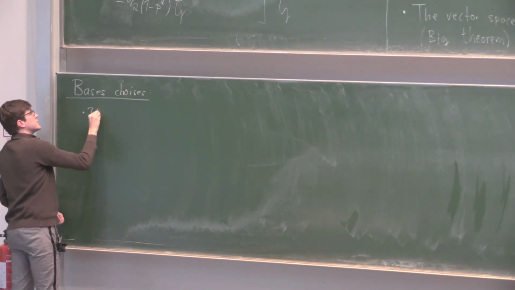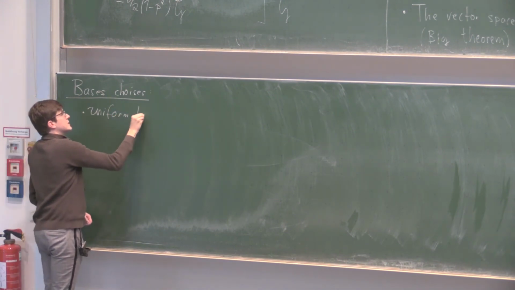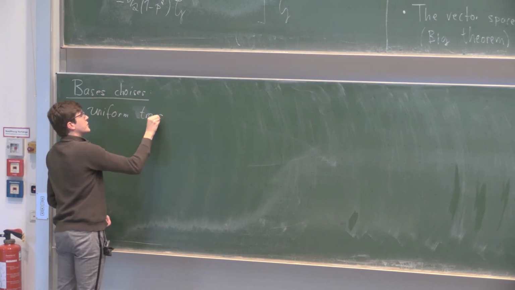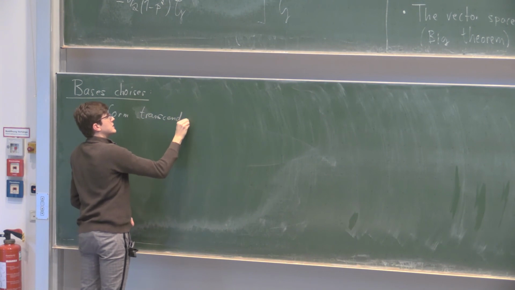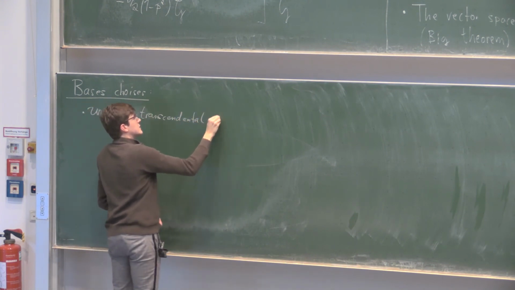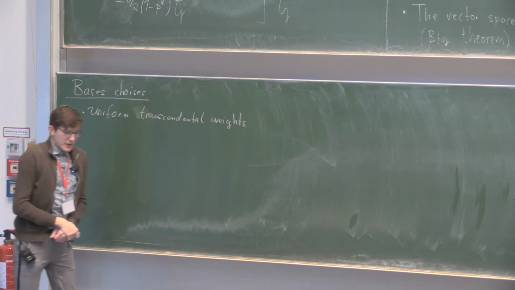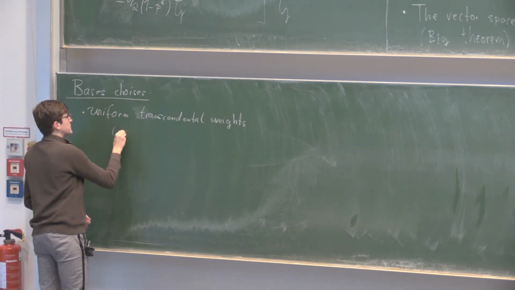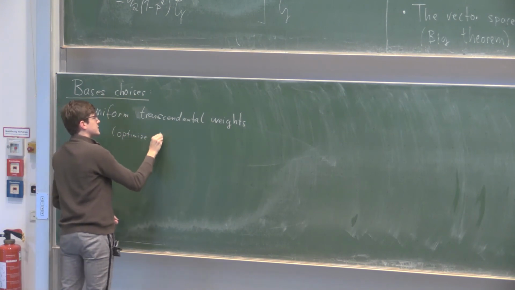So one way is the idea that you want to choose your master integrals with uniform transcendental weights. Here the idea is that you want to choose the basis such that the differential equation for the master integrals becomes very simple. So with this one you optimize the differential equation.